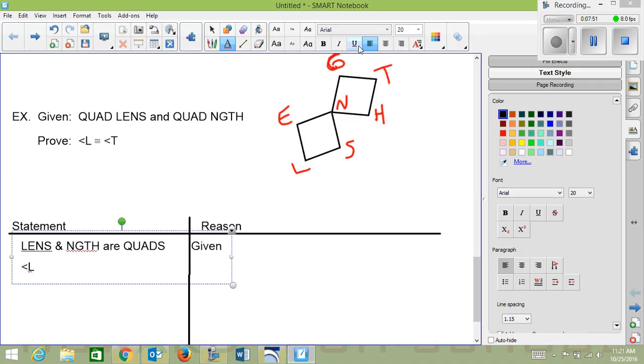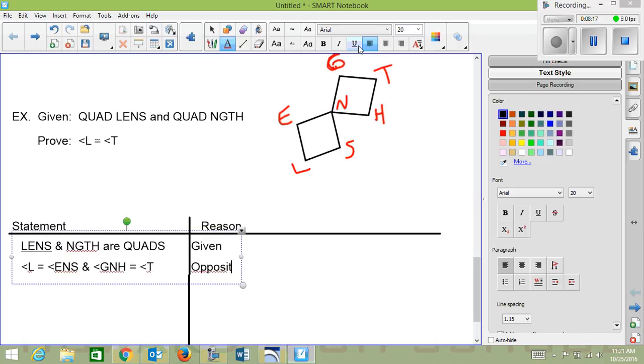Angle L is congruent to angle ENS, and angle GNH equals angle T. How do I know that?